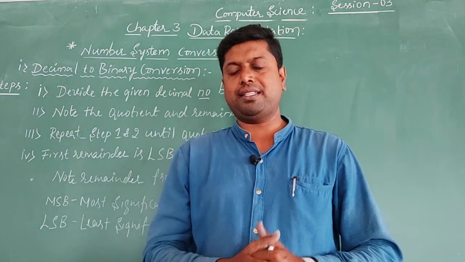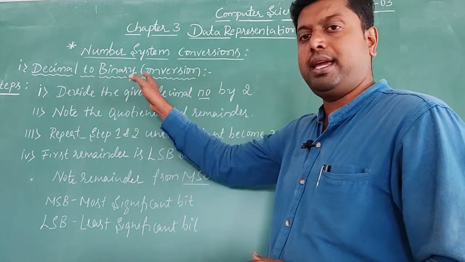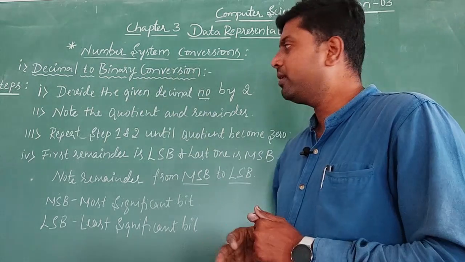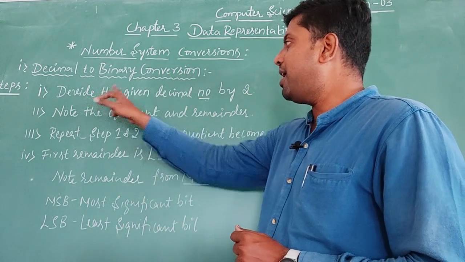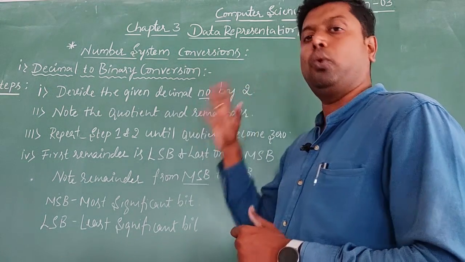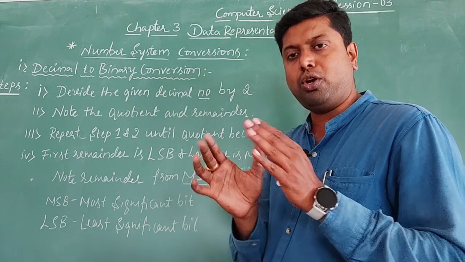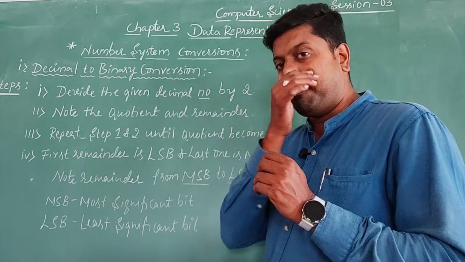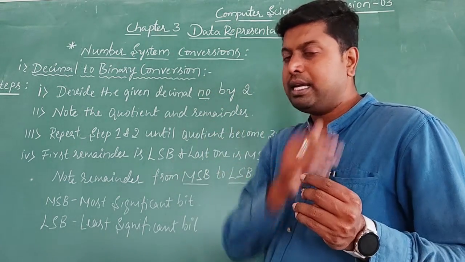So the first method is decimal to binary conversion. Step number 1 says divide the given decimal number by 2. Whatever decimal number we want to convert, we have to divide that number by 2.